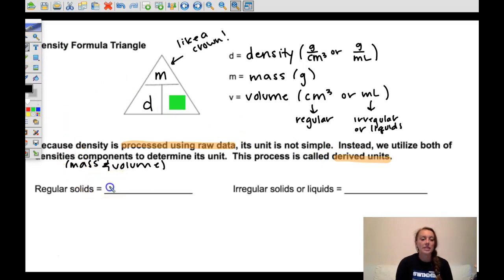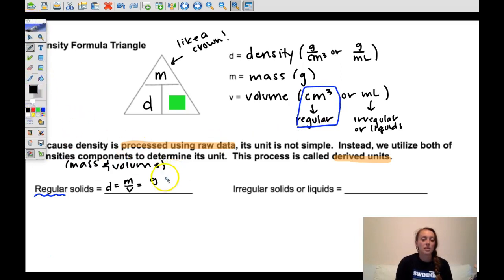So remembering that density is equal to mass over volume, mass is always going to be in grams, but if I have a regular solid, that means I've used cubic centimeters. So my volume unit is going to be cubic centimeters. So if I have grams per cubic centimeter, this is the unit I should have for a regular object when solving for its density.